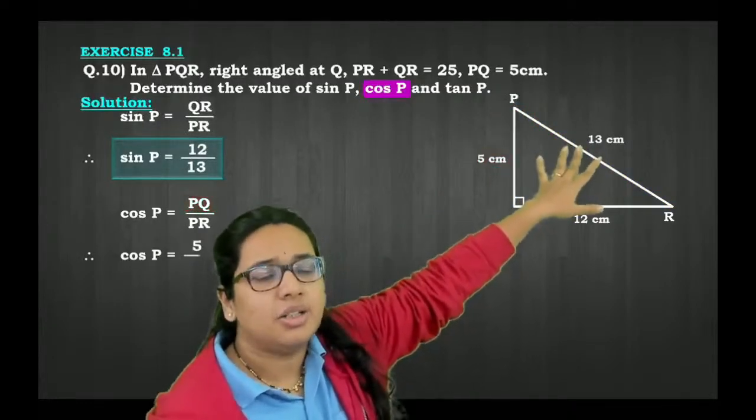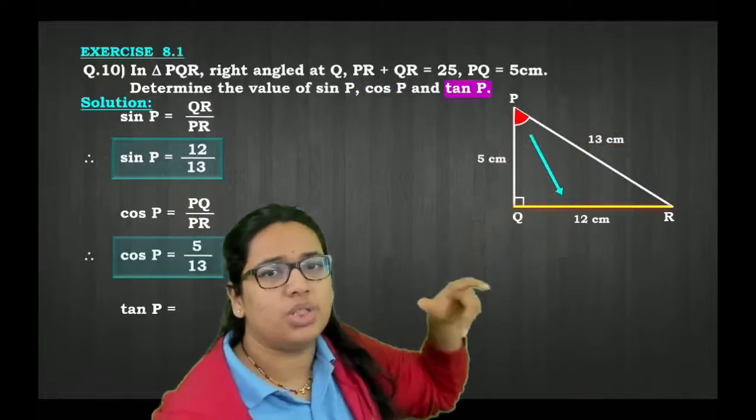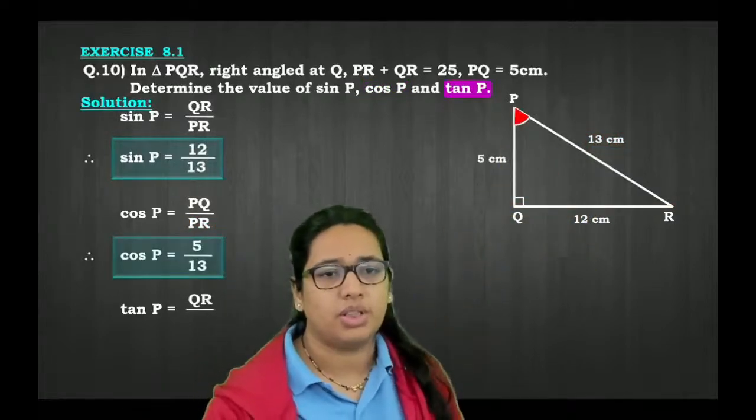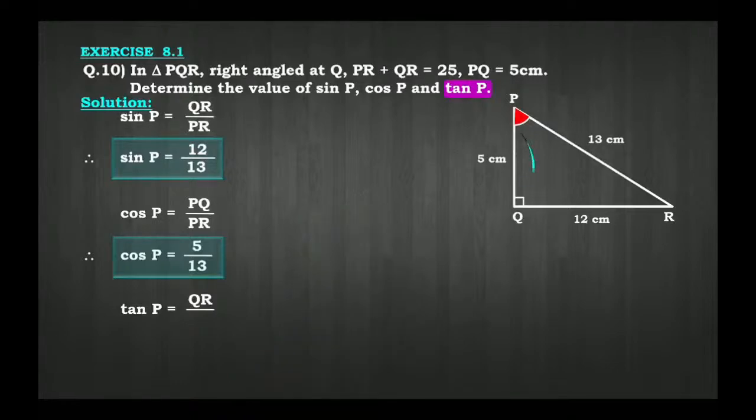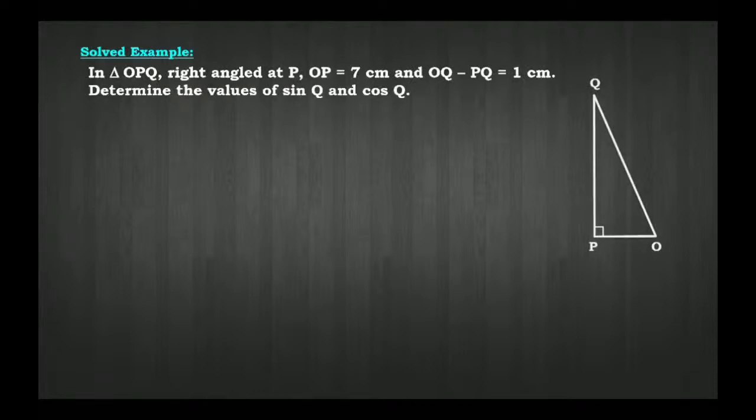And tan P will be opposite upon adjacent, QR upon PQ, which will be 12 upon 5. So this is all for this question. So the similar way you can solve for this question.